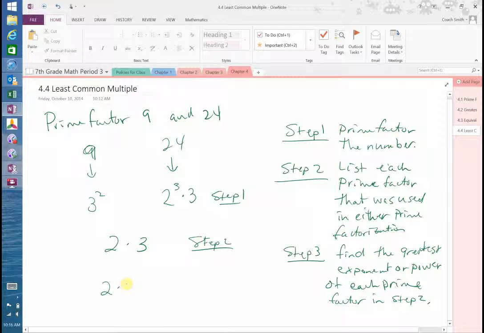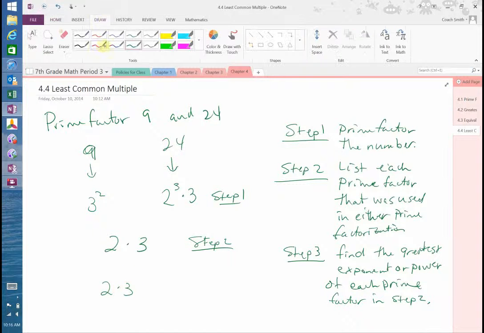So I have 2 times 3. I have 3 to the second, 3 to the first. Which is the greatest power, 3 to the second or 3 to the first? 3 to the second. We're using the highest power of each prime factor. Here I have 2 to the third and no 2. So which is greatest? 2 to the third. So I use 2 to the third.